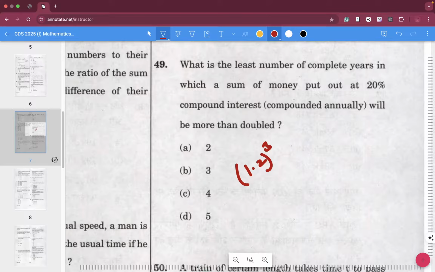There's not much complication over here, folks. So when you do 1.2 raised to the power 3, you get 1.732. This value denotes your principal and this value denotes your compound interest. That I have been telling you again and again. So with that we'll move to the next question.